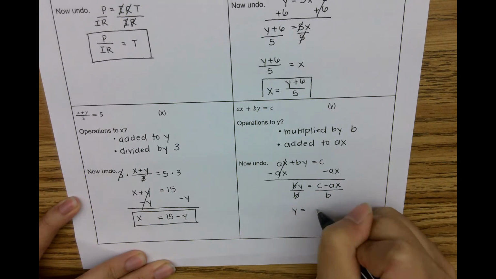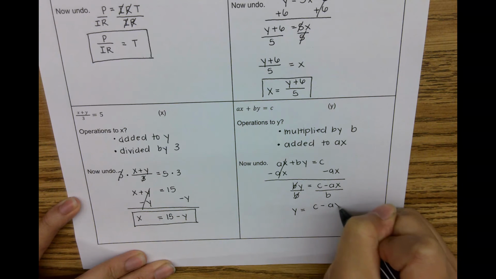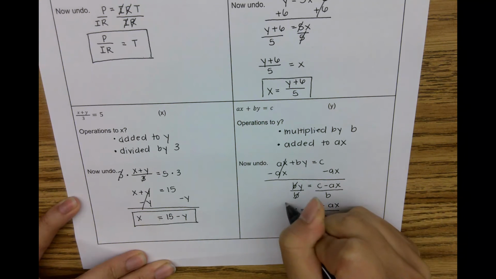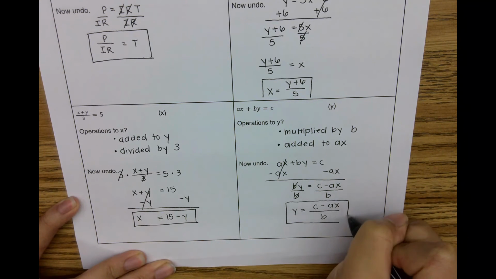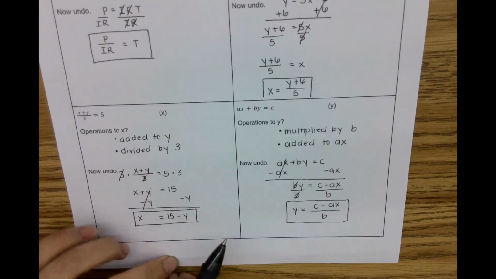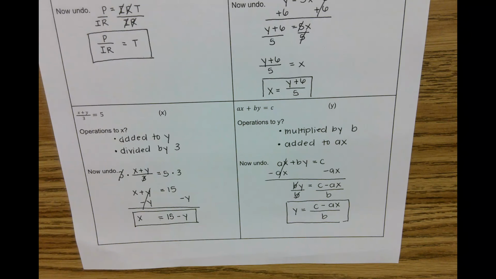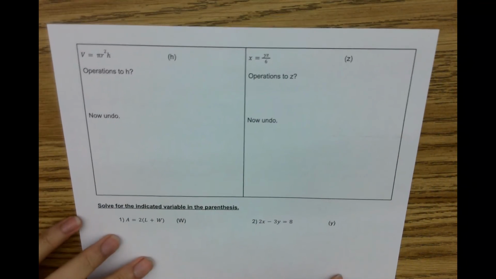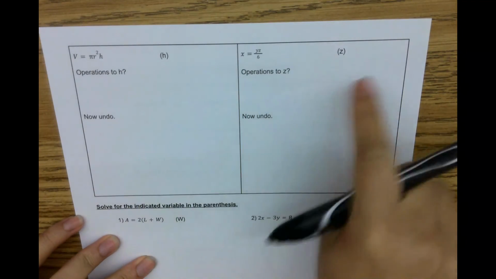So I get y equals c minus ax divided by b. And knowing how to go from this form to a form like this is super important, especially when we talk about lines.